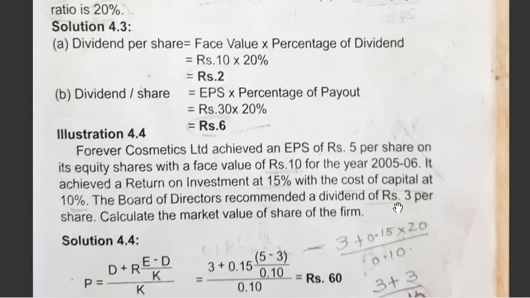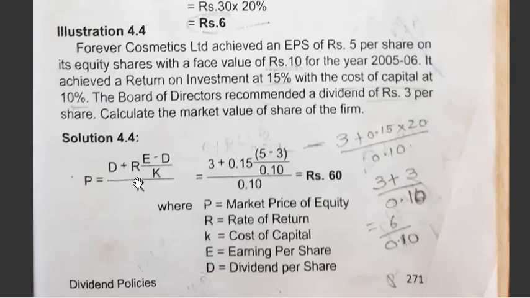Calculate the market price of the firm. So the problem is Walter's model. The formula to calculate Walter's model is P is equal to D plus R times E minus D divided by K, the whole divided by K.